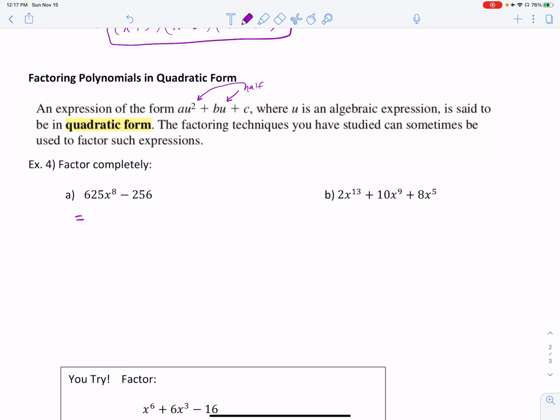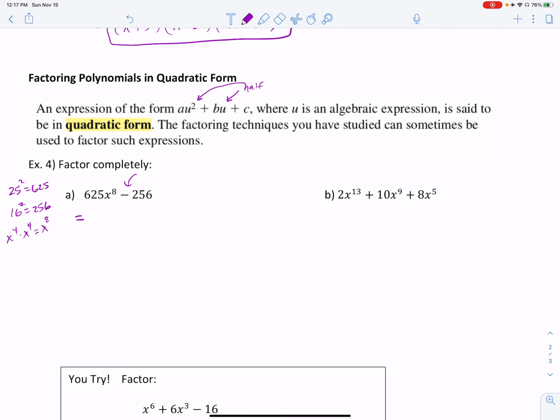And we'll see that in part B here. All right, so anyways, in part A here, we have 625 and 256. But it just so happens that 25 squared is 625, and 16 squared is 256.